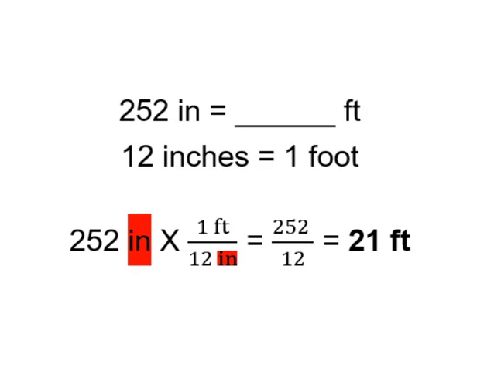So we cancel out our inches. In our numerator, we have 252. In our denominator, we have 12. When we divide, we are left with 21. So 252 divided by 12 is equal to 21. That means 252 inches is equal to 21 feet.